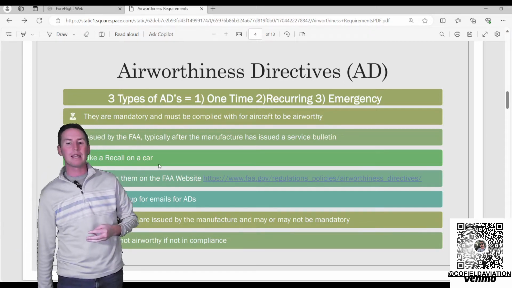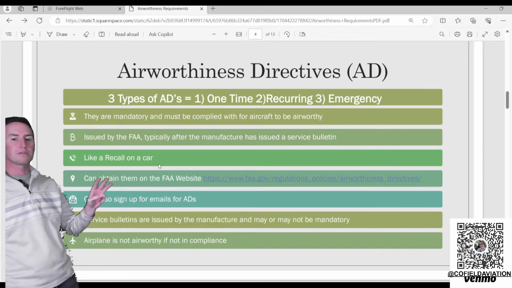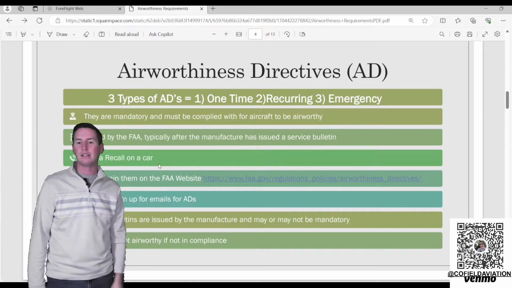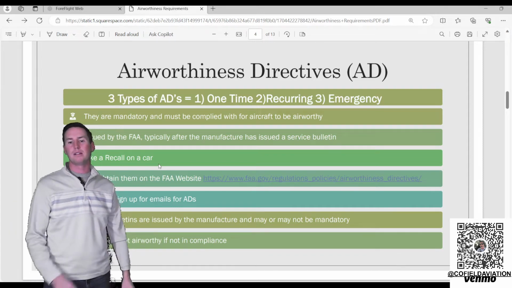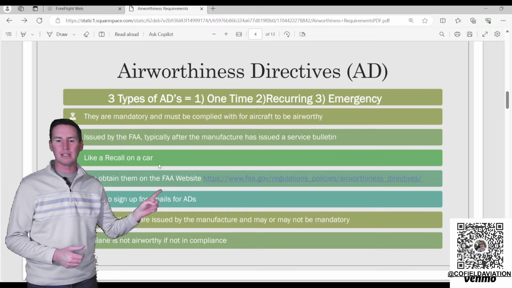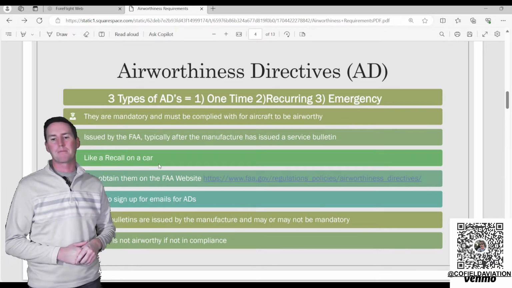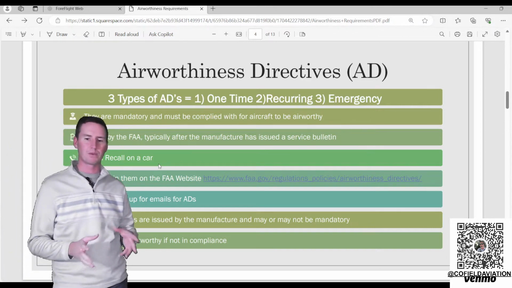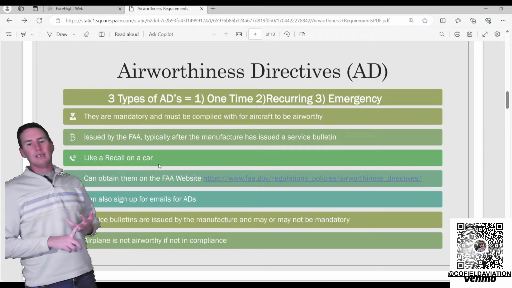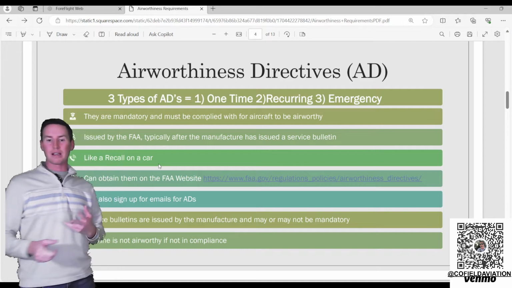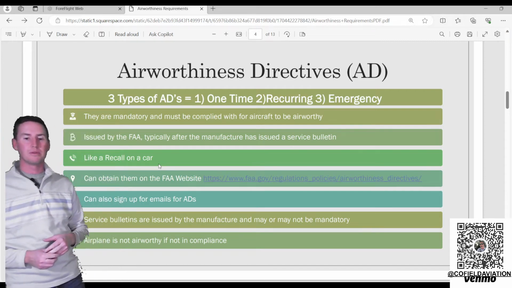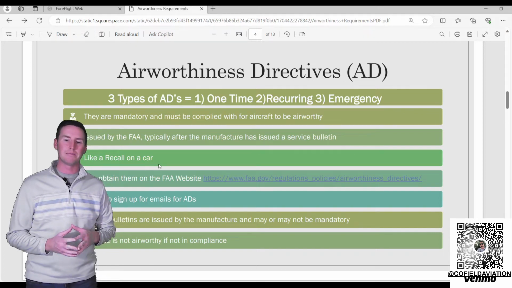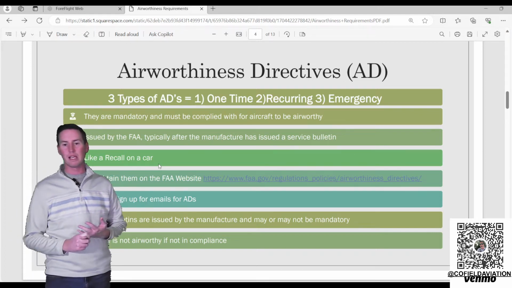So when you're looking up ADs, you've got to look up ADs for all 3 of those. All right. So the airframe, so like Cessna Textron is the one that made the airframe. So you would look up ADs for your specific model number for the airframe. The powerplant, so either Lycoming or Continental or whatever, you would look up the ADs for that specific model engine, and then you would look up the ADs for the prop.